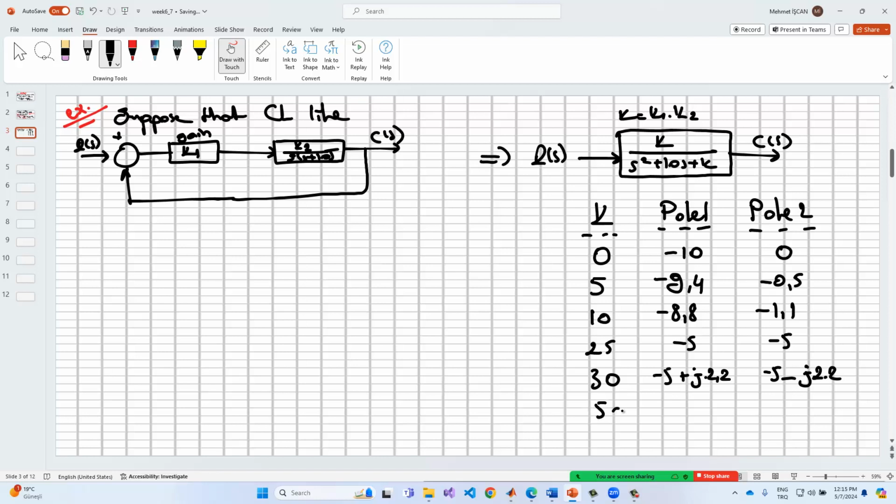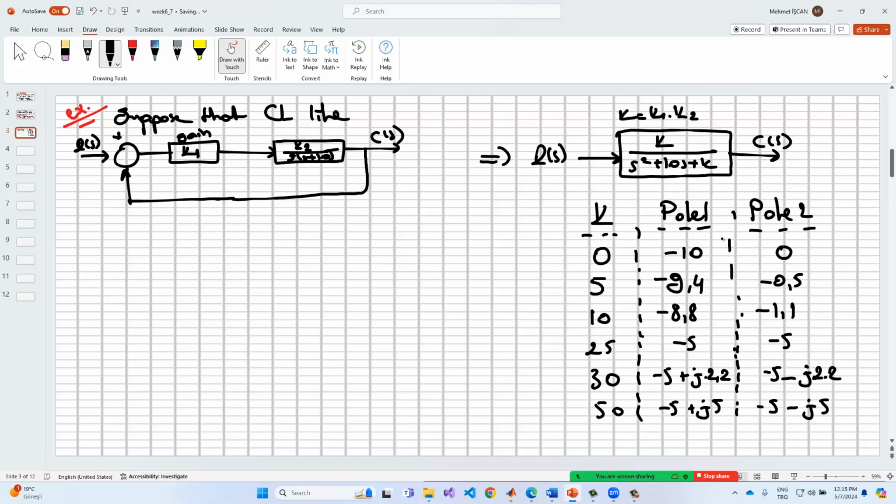And so if we choose 50 in here, and so minus 5 plus j5 and minus 5 minus j5. Okay, these are the roots of our system for changing the K parameter in here.